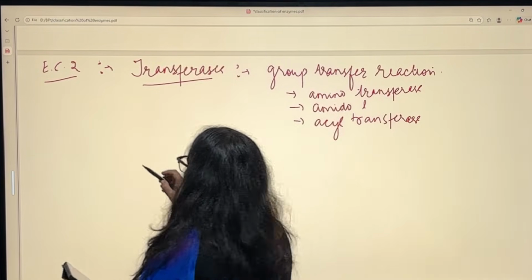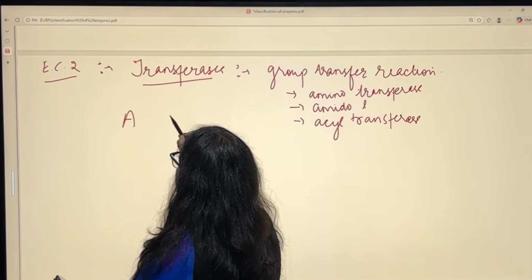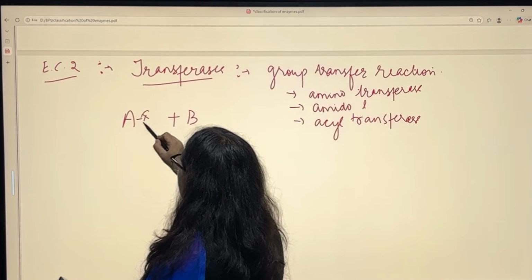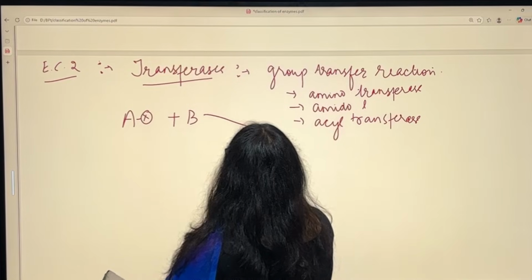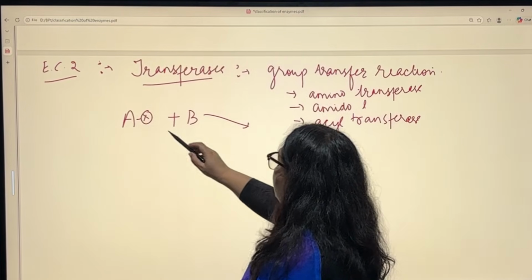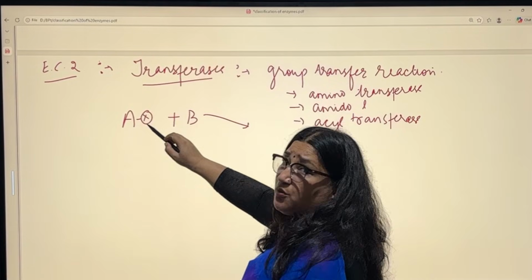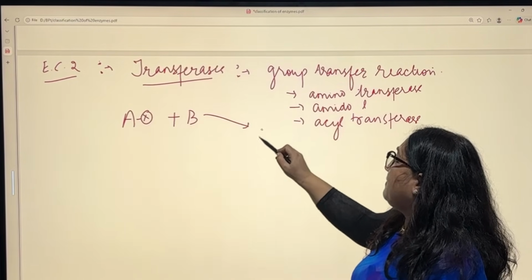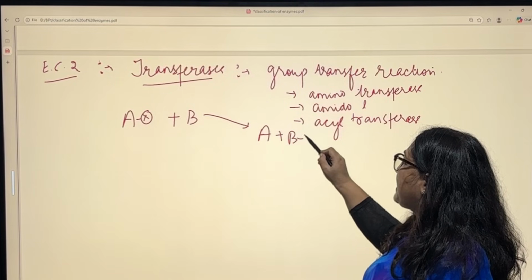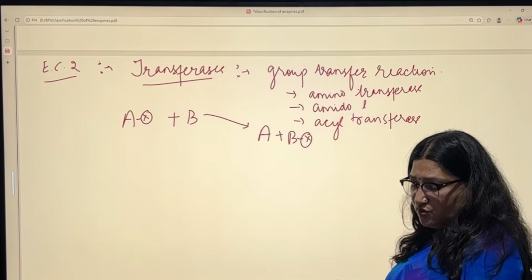Let us say in this A plus B reaction, A has a group X, and the enzyme catalyzes the reaction in which the X group is transferred to B. So A is liberated as such and the X group has been transferred to B.